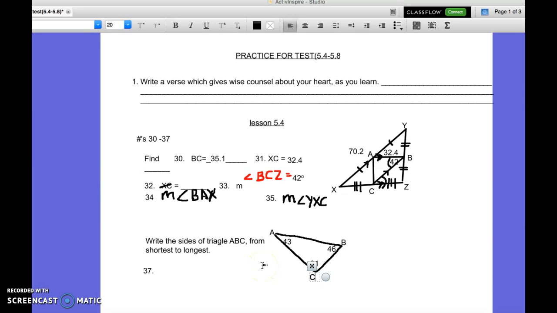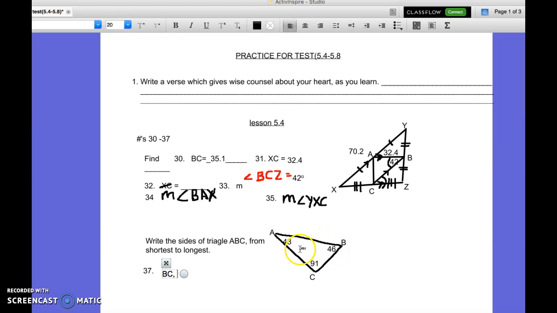So from shortest to longest, the shortest side is going to be opposite to the smallest angle. The smallest angle here is a 43-degree angle. So the shortest side would be the one right opposite it, which would be BC. And I don't know how to do the bar line, but you should put a bar line over the BC because BC is a segment. Then the next shortest is going to be opposite to the middle-sized angle, which is 46.